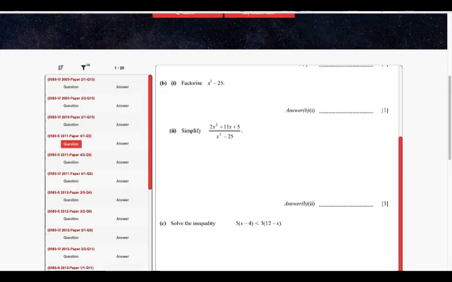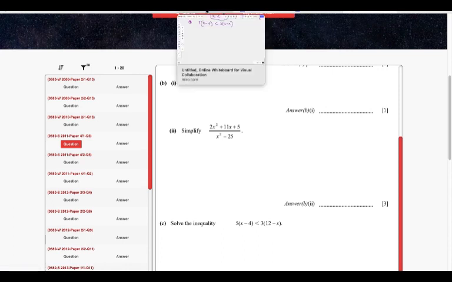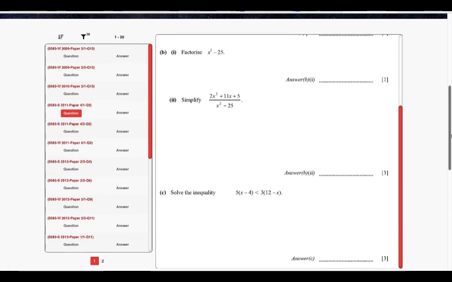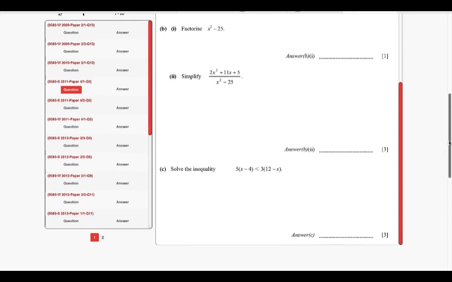Take this as the question. 5 into x minus 4 is less than 3 into 12 minus x. So let's solve this. Okay, this is the question.